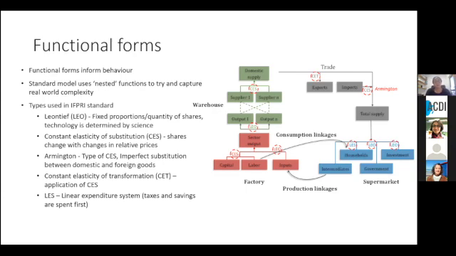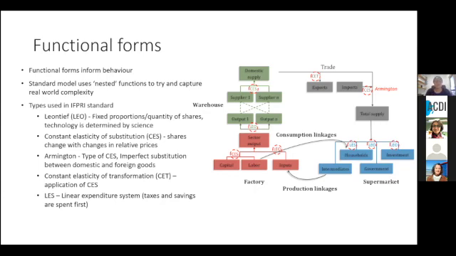So this is, for example, used on the capital and labor consumption of producers. So if capital becomes cheaper, producers can switch to using more capital and less labor to produce a single unit of output. But there are elasticities that control the extent of these shifts.